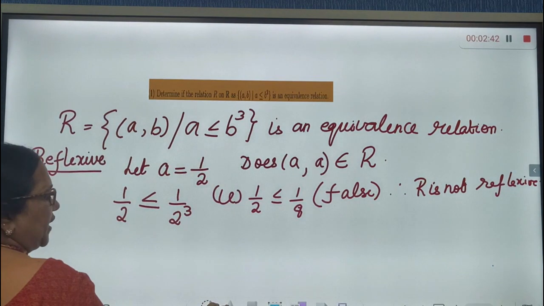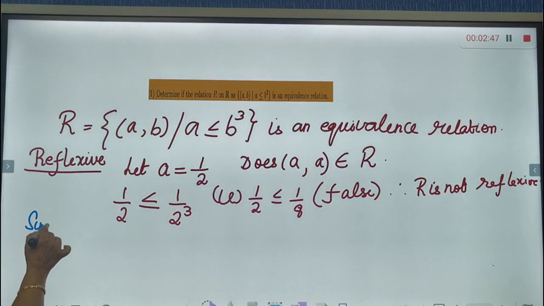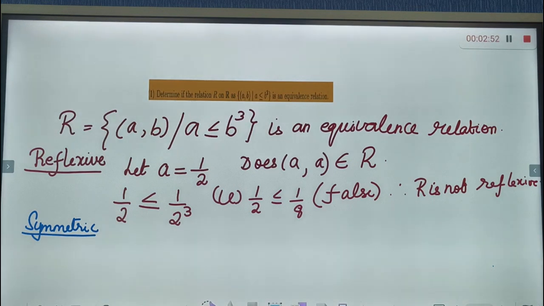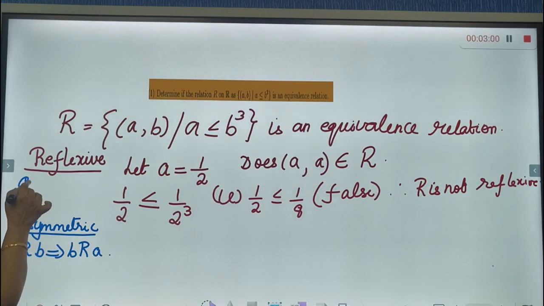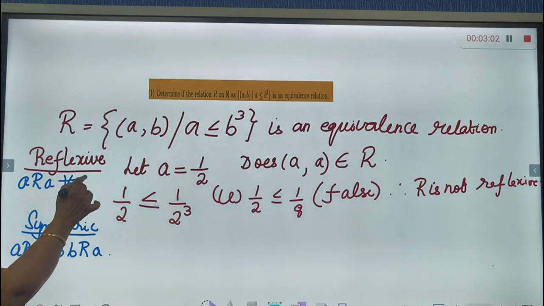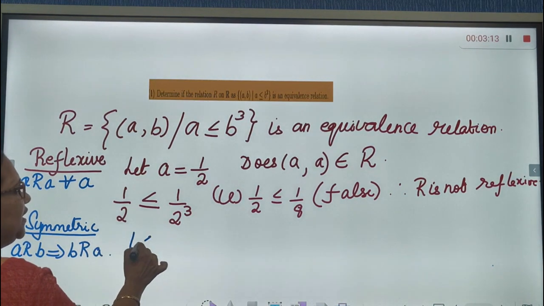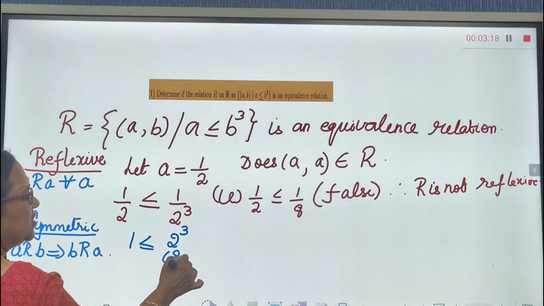Next we are going to check whether it is symmetric. What is the definition of the symmetric property? a is related to b should imply b is related to a. For reflexive, a is related to a for every a in R. Now, 1 we know is less than or equal to 2 cube, since 2 cube is 8.